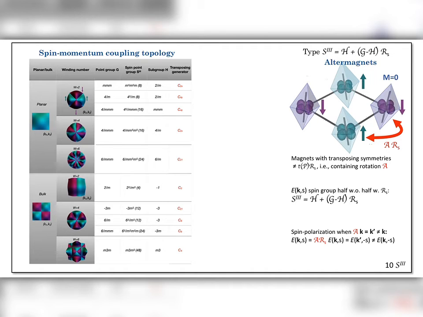So these are 2D or planar-like spin momentum couplings. But I can also have these bulk spin momentum couplings, and again with a total winding number 2, 4, or 6.